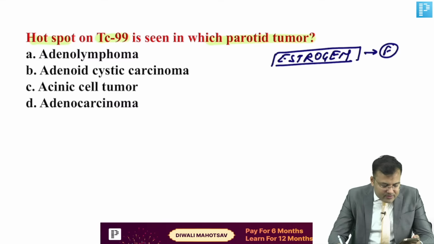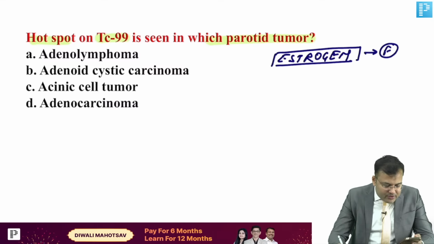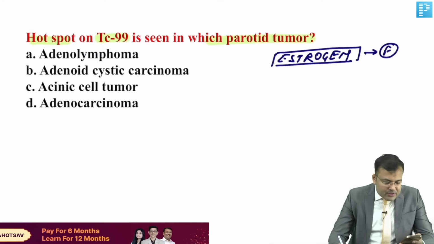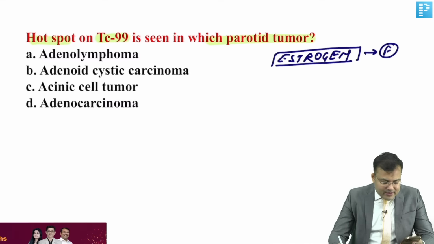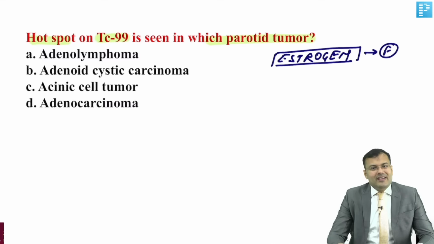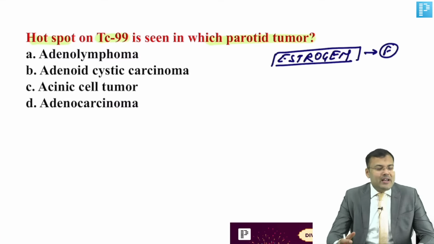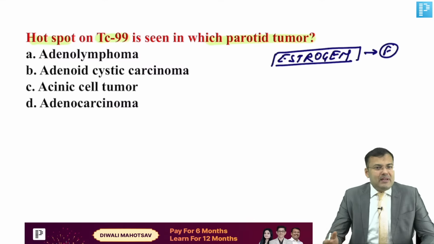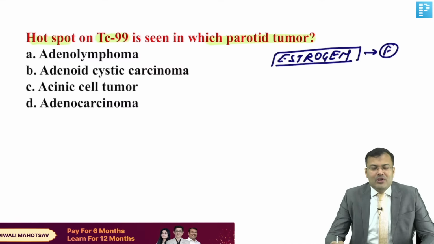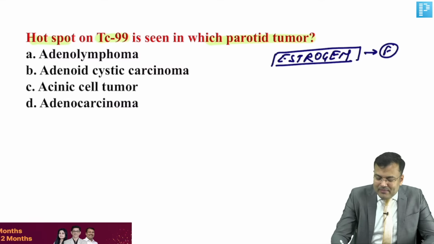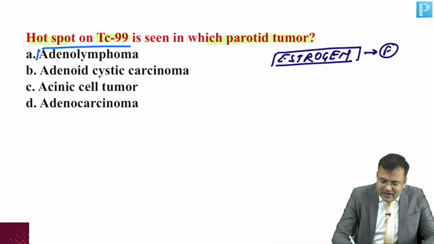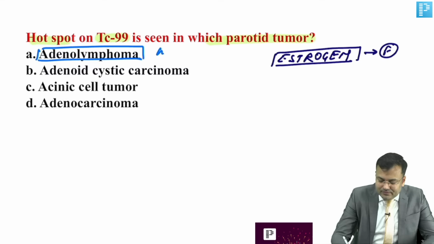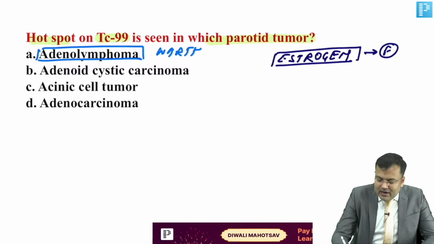Hot spot. Jasmine, very good. Himanshu, very good. Sushant, Rawat, very good. Guys, it is adenolymphoma. Why? Because what is the other name of Warthin's tumor? It is papillary cystadenoma lymphomatosum, also known as adenolymphoma. Remember, this is Warthin's tumor.